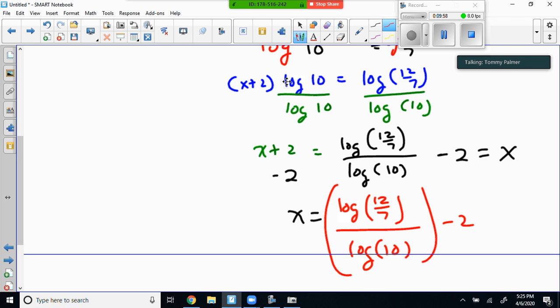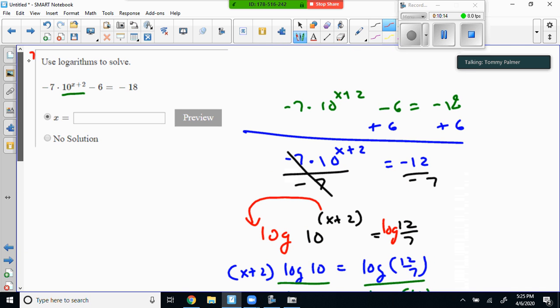It's easier just to not have to distribute through, just divide by this log, because you're solving for x, so it's just tied together by multiplication. What we do to one side, we can do to the other. But let me go back up and I'll show you something. There's no way that I could get 10 raised to something and positive 12 sevenths to be the same base.